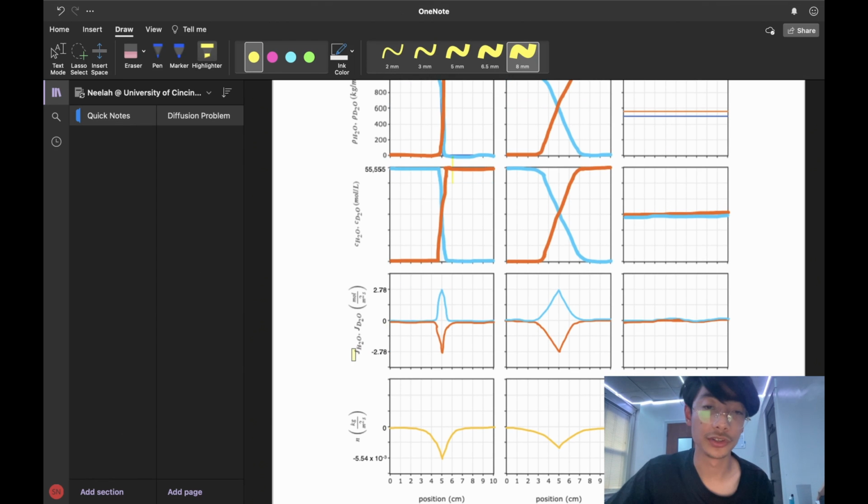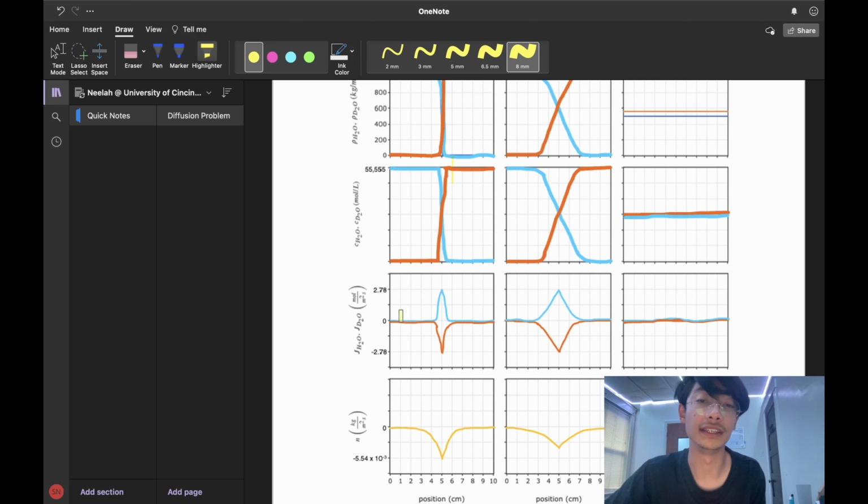Now, moving on to the molar diffusion flux, what we see is, in the question, it was provided to us that the maximum diffusion flux is 2.78, and we assigned that value to the water molecules, and we again established the fact that if the water molecules have a certain amount of molar flux, the molar flux of D2O is going to be equal in magnitude, however opposite in direction.